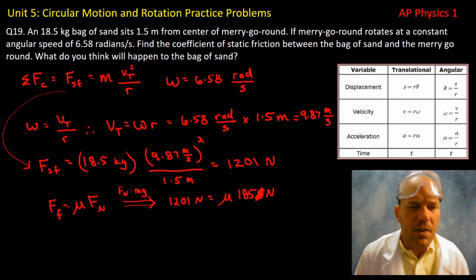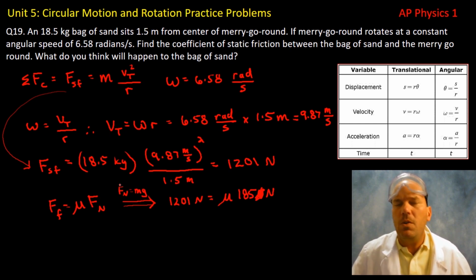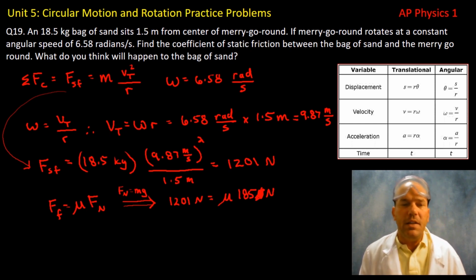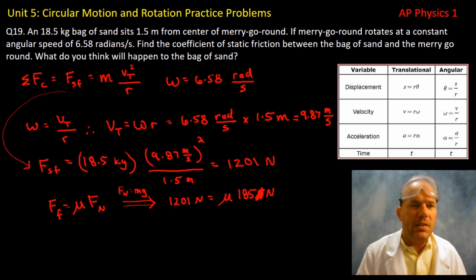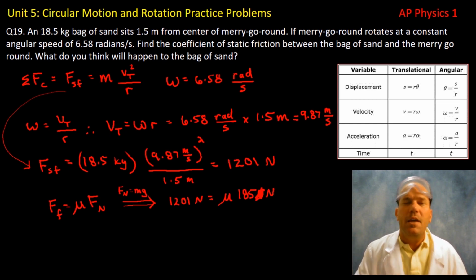Using physics is fun, we can go ahead and put in force normal and acknowledge that since the bag is not accelerating vertically, force normal is equal in magnitude to the force of gravity. That's going to help us to solve for mu. Let's take our 18.5 kilogram bag, multiply it by the acceleration due to gravity of 10 meters per second squared, we get 185 newtons multiplied by mu.